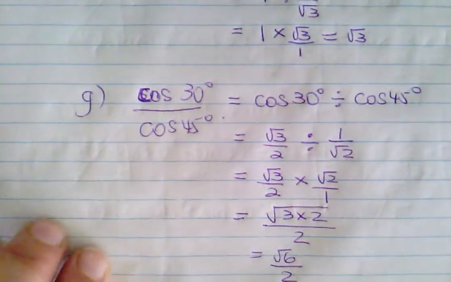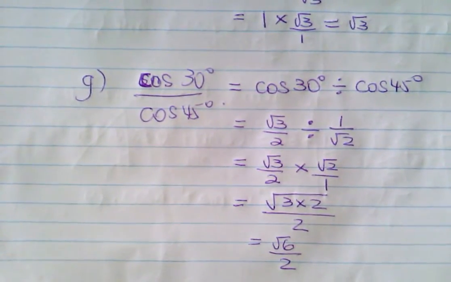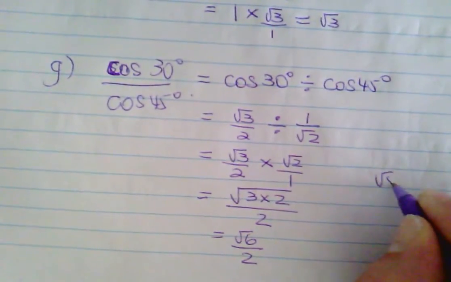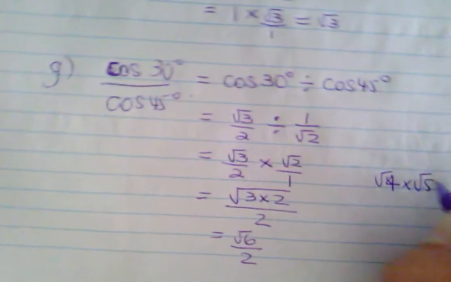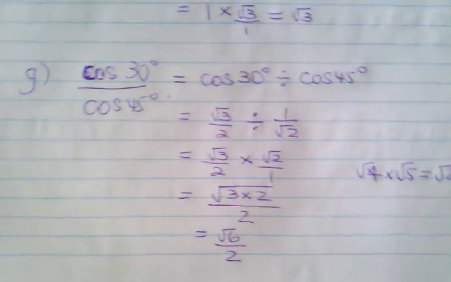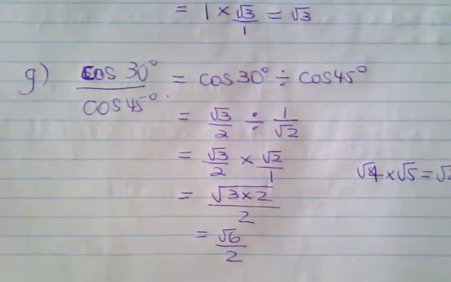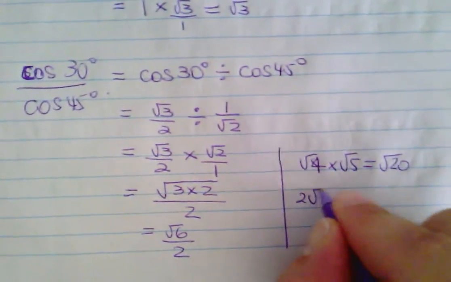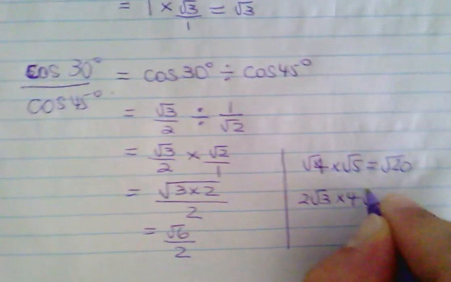Now, I know you haven't learned how to multiply surds, but that's what you do. So, for example, if I had square root of 4 times square root of 5, what's that? Square root of 20. Yeah, that's the rule. I'll give you another example of multiplying surds, even though you haven't done them. 2 root 3 times 4 root 5.